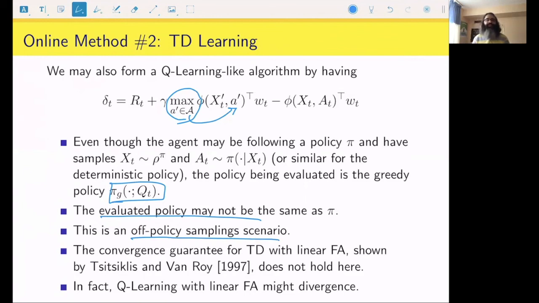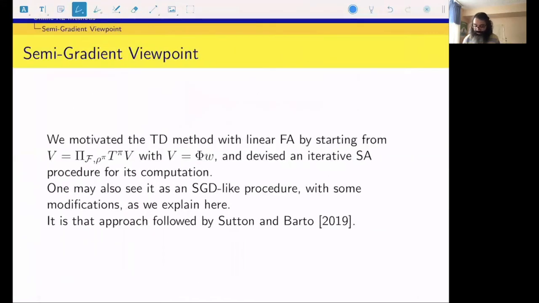We had seen before that even in the finite state-action case, Q learning is an off-policy method, and it doesn't matter if it's finite or not. The result is that the convergence guarantee for TD with linear function approximation does not hold anymore, and Q learning with linear function approximation might diverge.